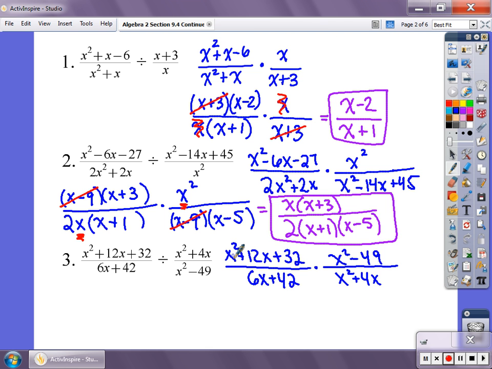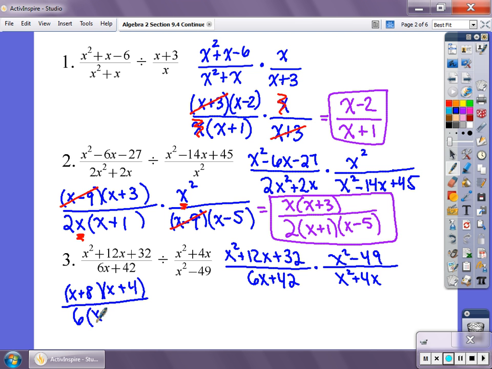Factor everything that you can. So the top of the first, quadratic trinomial becomes a product of two binomials. We're going to have x plus 8, x plus 4, because 8 times 4 is 32, and 8 plus 4 is 12. In the bottom, I see a greatest common factor of 6.